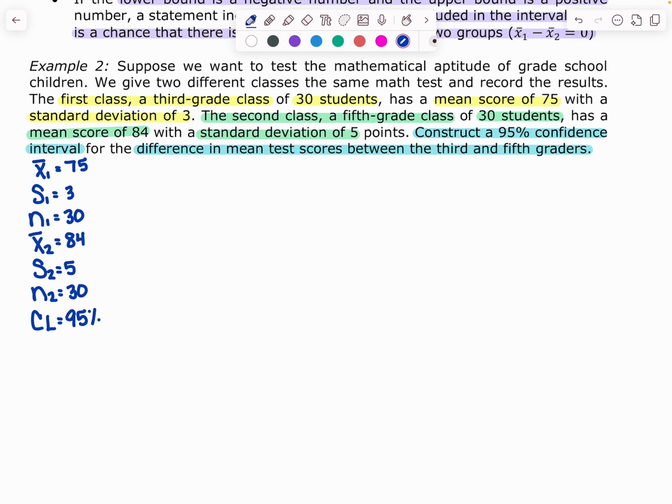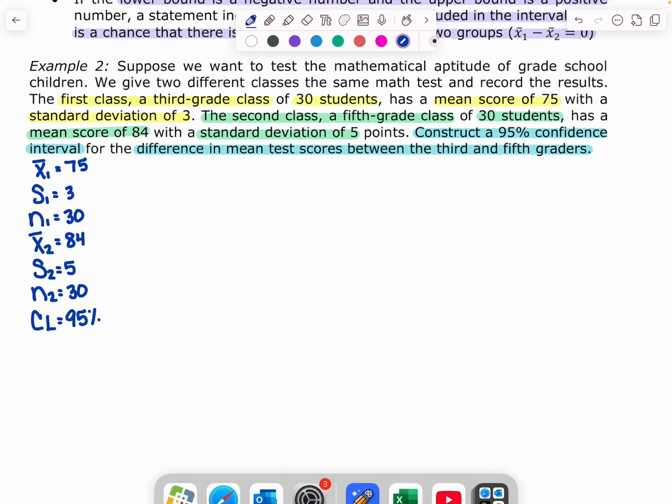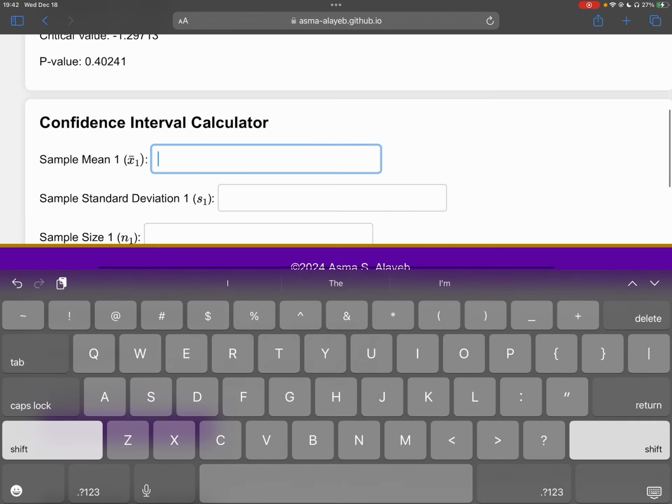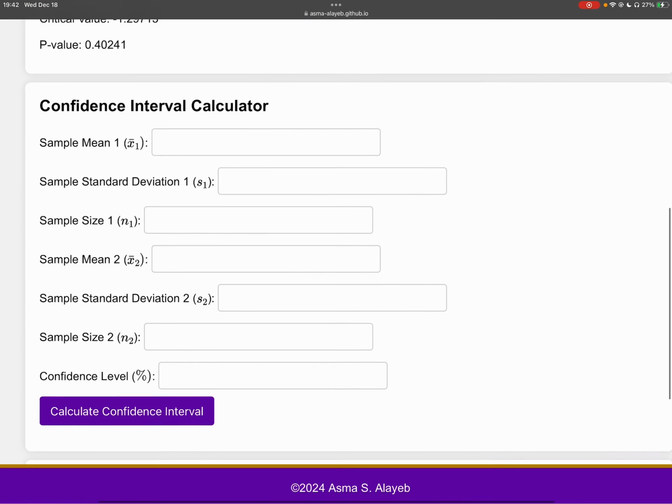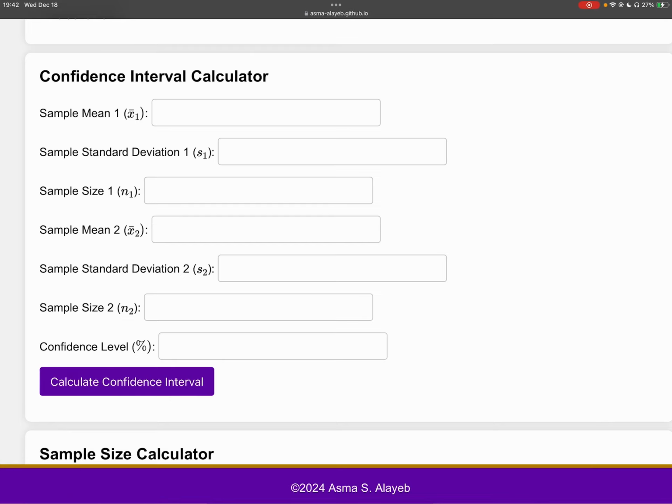I'm going to save myself some time and go straight to my confidence interval calculator.